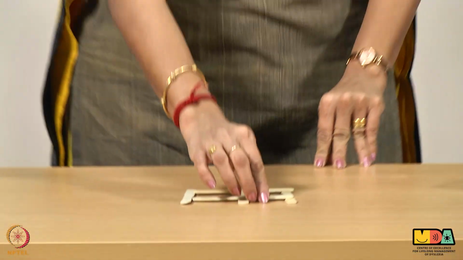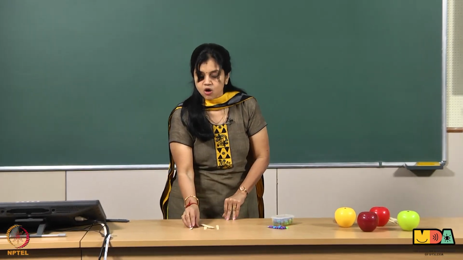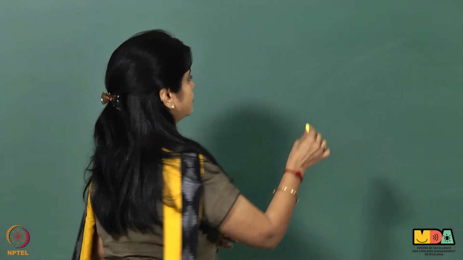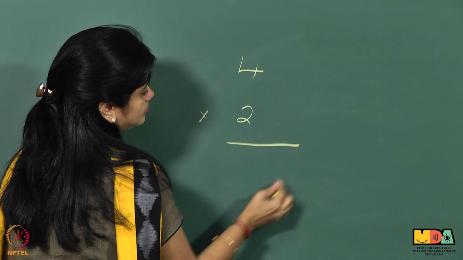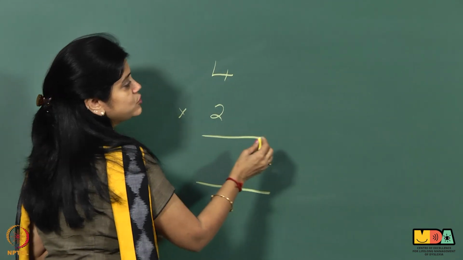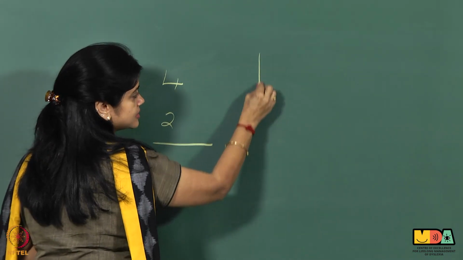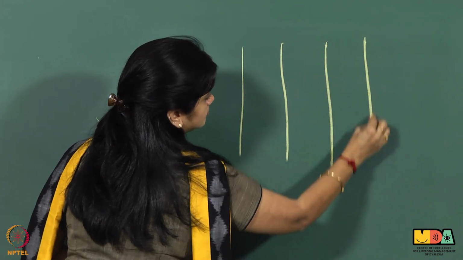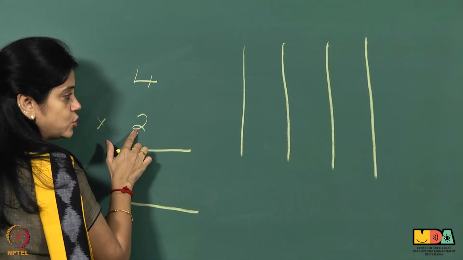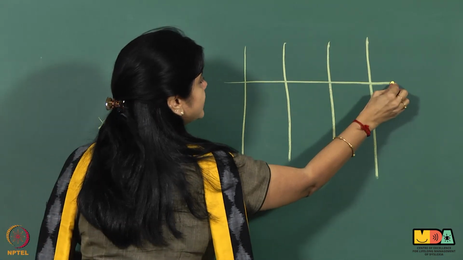They can't be using manipulatives forever. So, how do I transfer it into their notebook? Let us see how to do a multiplication sum using the same technique in a notebook. Let us take the number 4 into 2. Draw 4 lines and 2 horizontal lines.